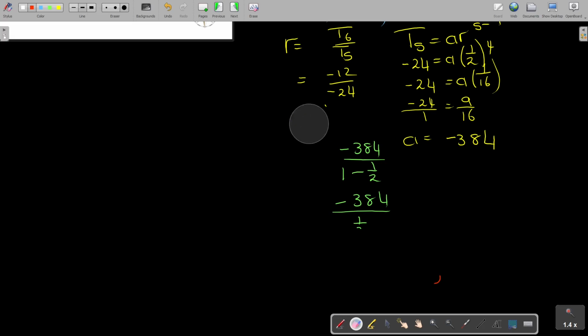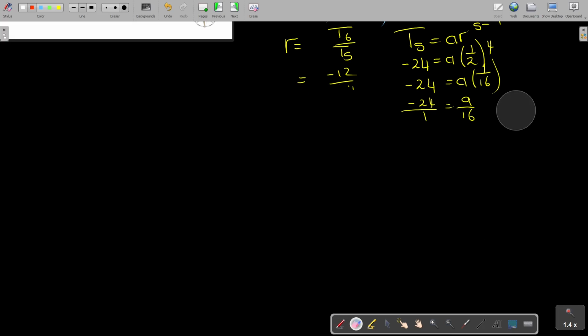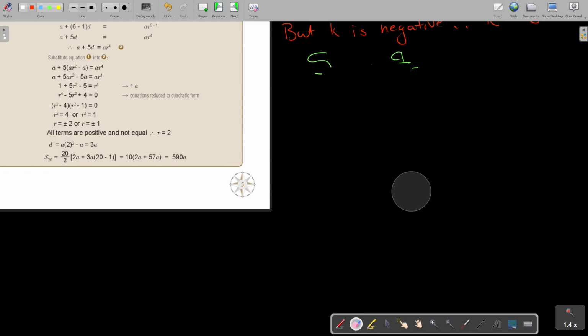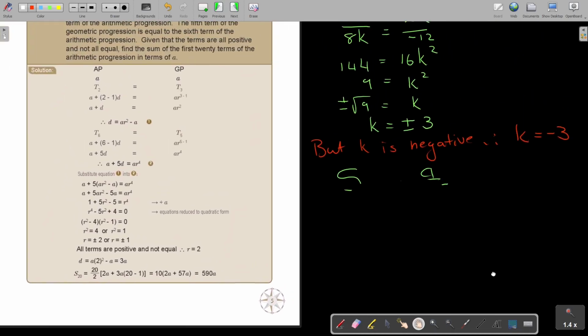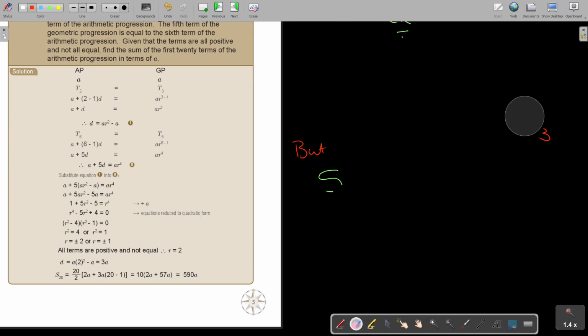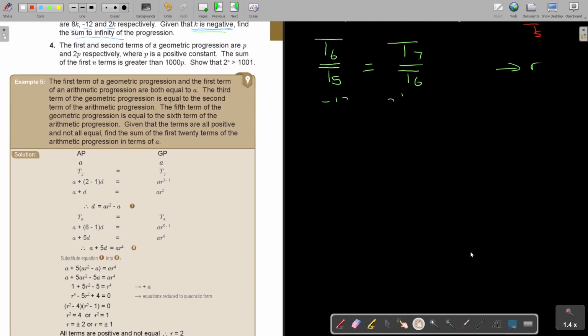I was checking the last few Cambridge International examinations, about 4-5 years, and I see they love asking GPs with the sum to infinity. They love combining it, but not asking individually.